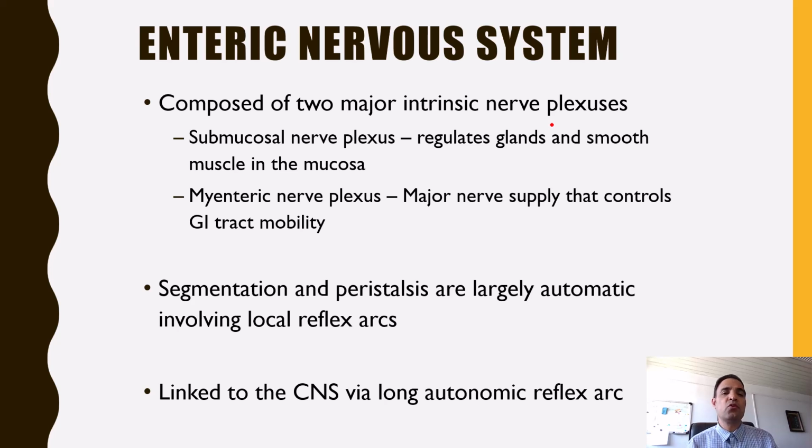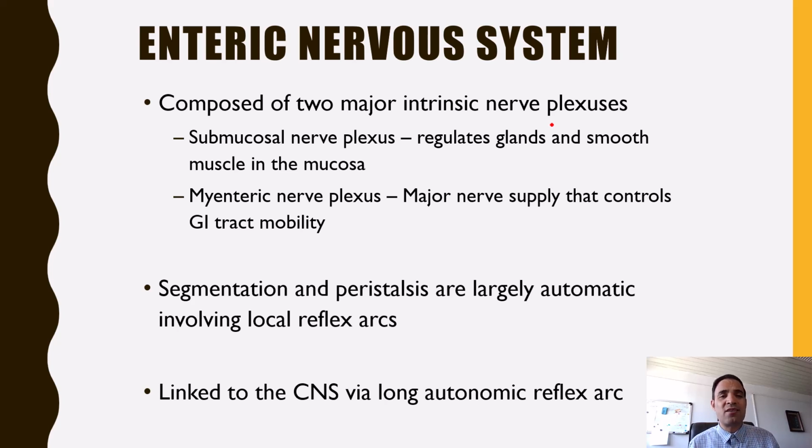ENS is composed of two nerve plexuses. You remember in the first part I told you that we have a submucosal nerve plexus that is located in the submucosal layer, and this network is responsible for regulation of glands and the stomach's muscle in the mucosa.